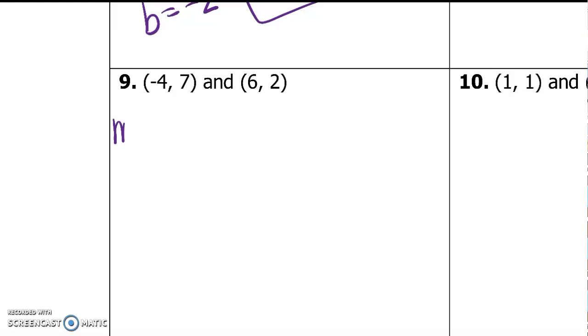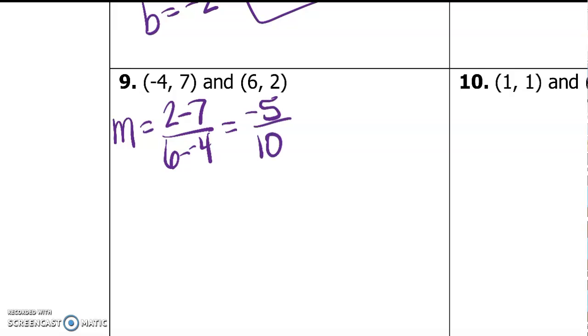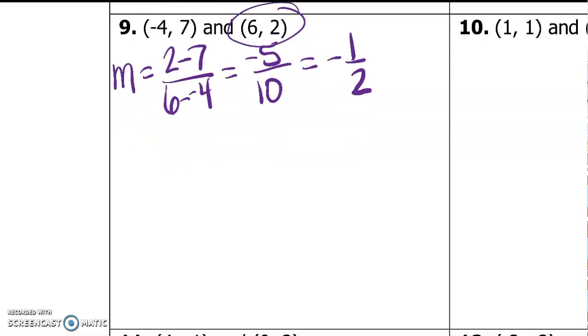Number 9, I would start with m equals 2 minus 7 over 6 minus -4. That would give us -5 over 10, which is -1/2. I'm going to use 6, 2 for my ordered pair.